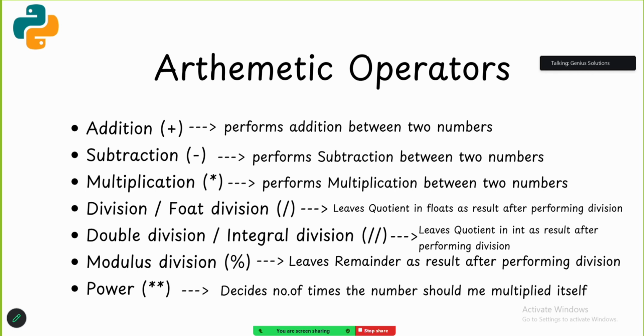If we give 2 power 2, it means 2 should be multiplied 2 times. If we consider 4 power 3, it means 4 should be multiplied 3 times. It means 4 into 4 into 4. So how many times a number should be multiplied by itself is decided by power.